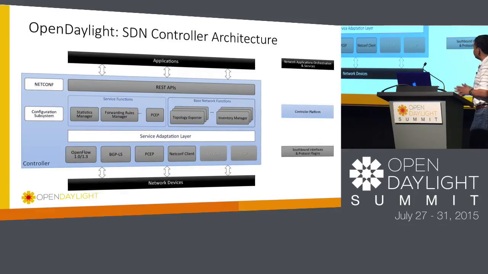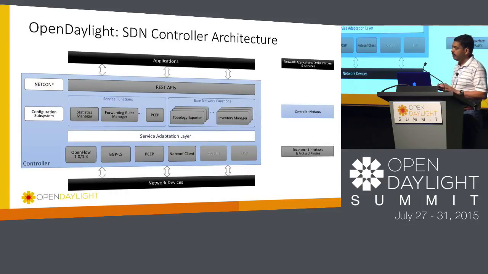Okay, so this diagram or something similar to this, you probably have seen many, many times if you have been looking at ODL. You have the standard southbound plugins, which are typically the protocol plugins to talk to the network elements.